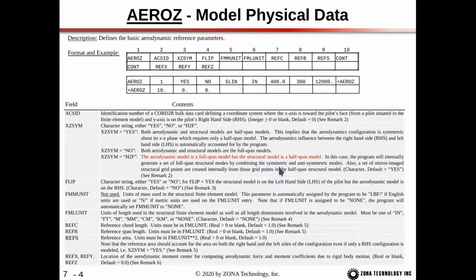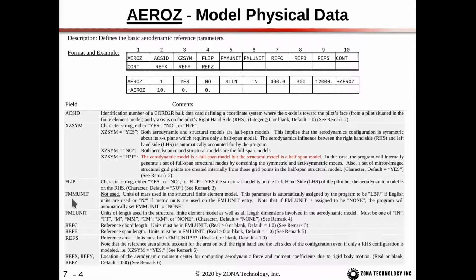So if you have, for example, grid ID of 101 on the right wing, then when you do the spline of the aerodynamic model for the left wing, you would refer to grid negative 101 to refer to that grid. So in this case, you want to import both the symmetric and the anti-symmetric mode shapes from your finite element solution.